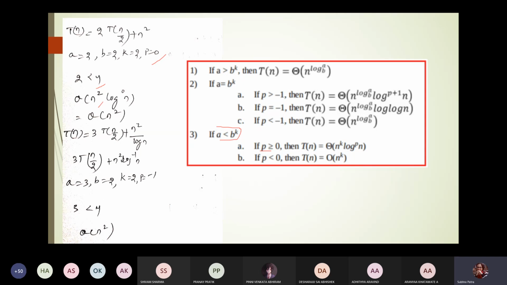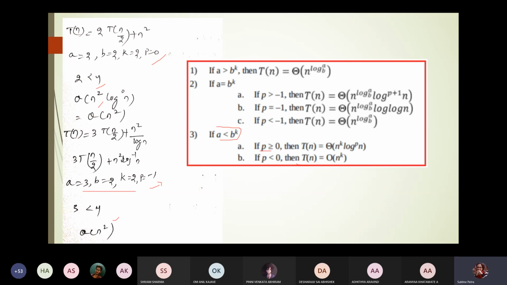Similarly, the next case, if you take T(n) equal to 3T(n/2) plus n squared divided by log n, that means log n raised to minus 1. So P has become minus 1. So the second case would be applied considering this condition. A equals 3, which is less than B raised to K, so this case would be applied.